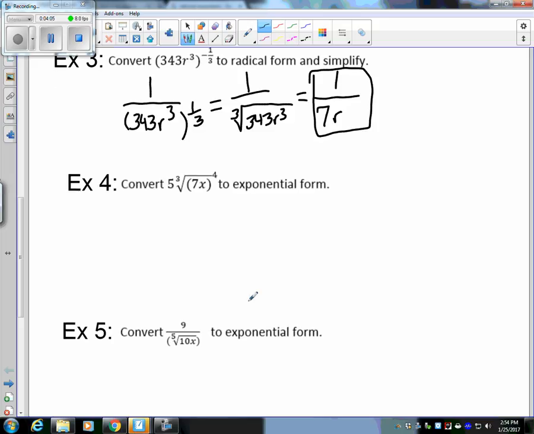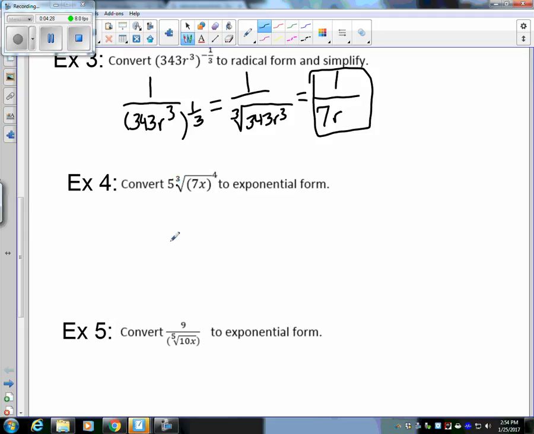So now we're going to go from radical form to exponential form. This is radical form. The 5 is multiplied by the radical, so the 5 has nothing to do with changing to exponential form. It's 5 multiplied by the cube root of 7x raised to the 4th power.